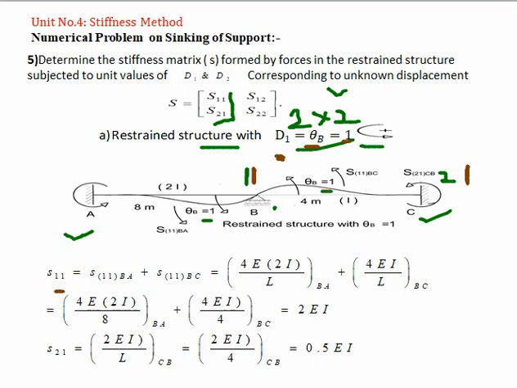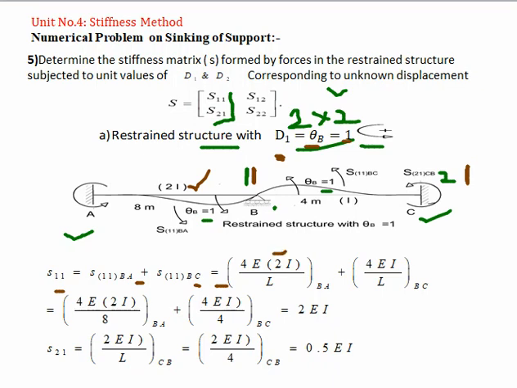So let's write down here: S11 is equal to S11 BA for the span BA, the first span, plus S11 BC. Now here the value will be 4EI by L. The moment of inertia of span BA is 2I.